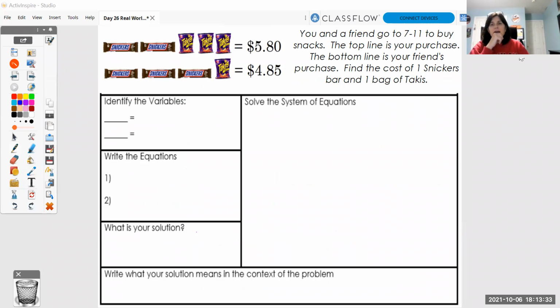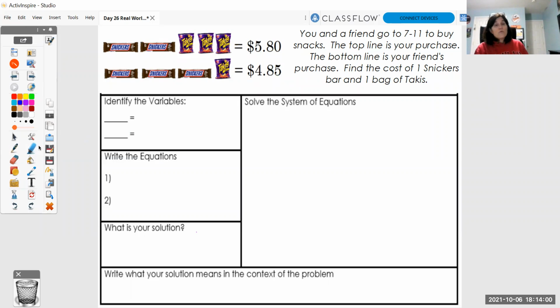The top line is your purchase. The bottom line is your friend's purchase. Find the cost of 1 Snickers and 1 bag of Takis. So let's think about what are the missing parts. We know that 2 Snickers and 3 Takis cost you $5.80. And we know that 3 Snickers and 1 Takis cost your friend $4.85.